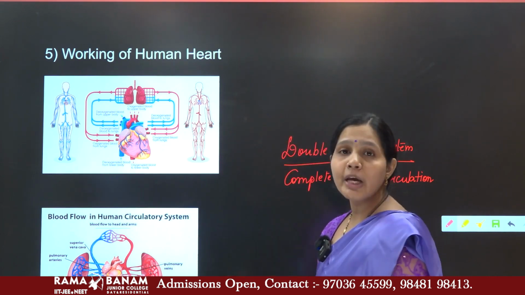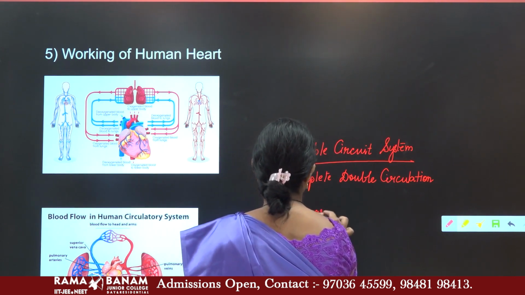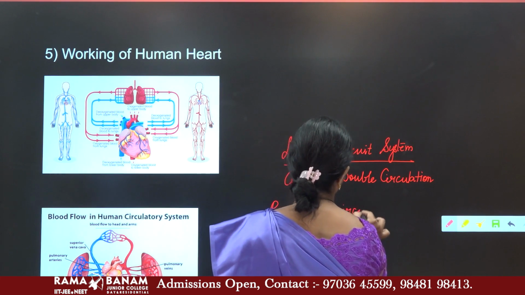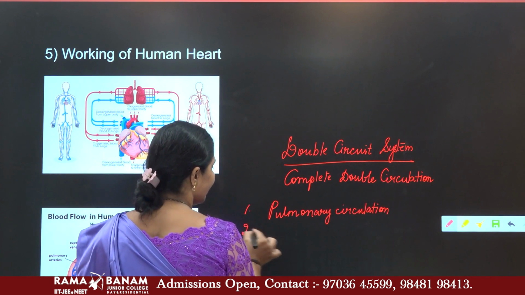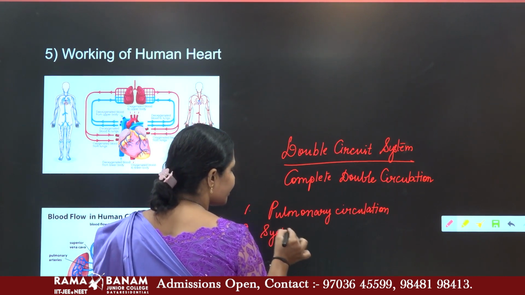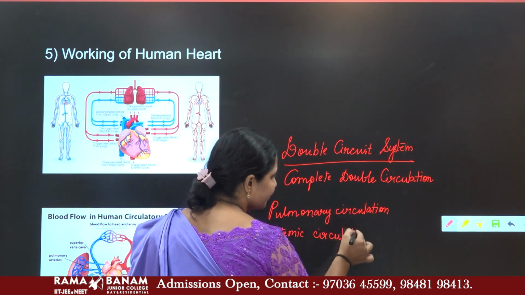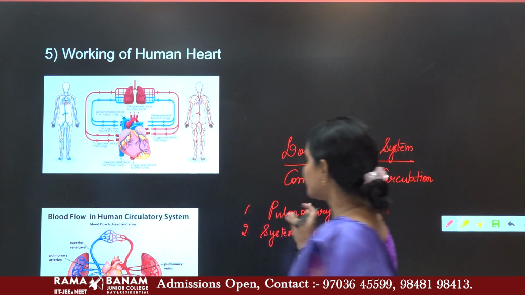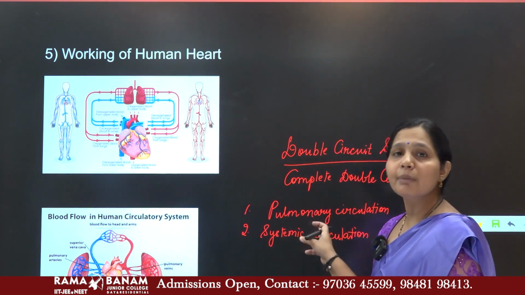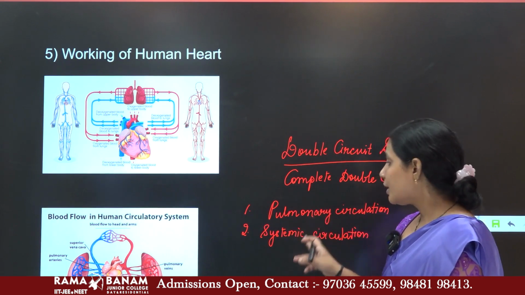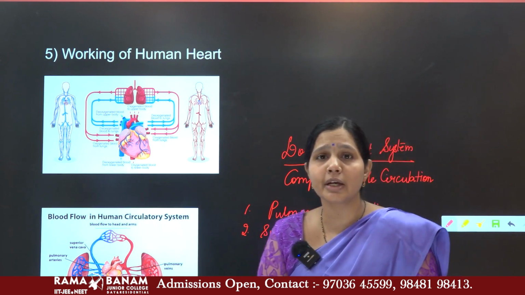So we have two types of circulations: pulmonary circulation and the other one is systemic circulation. So in pulmonary circulation, oxygenated blood which is pumped from the left ventricle is supplied to all parts of the body, whereas in the systemic circulation the deoxygenated blood is associated with it.